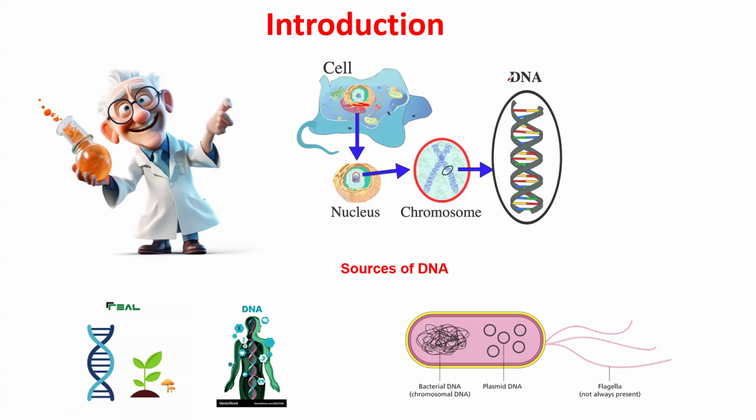Although when you are trying to isolate DNA from humans, it's not the same method that you are going to apply in isolating DNA from bacterial cells, because for you to open up the bacterial cell, you need some extra enzymes or buffer before you break down the cell wall.